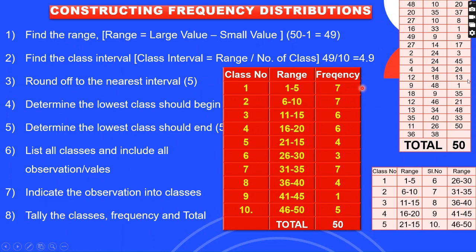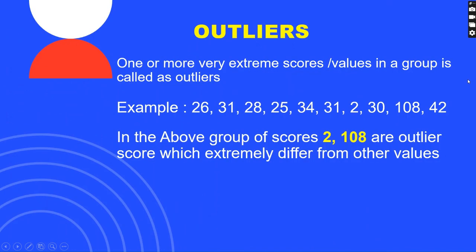Then you can see 48 falls into this class, and 20 falls into the fourth class. Like that you can split the individual observations and get the number of individuals in each class. You have to include all observations in the classes. Then the total frequency will be 50. So we construct the frequency distribution table using this method.